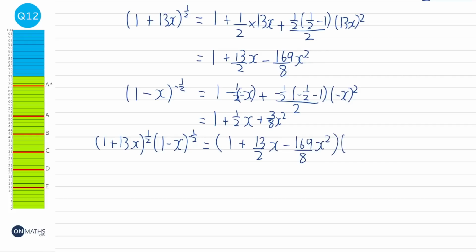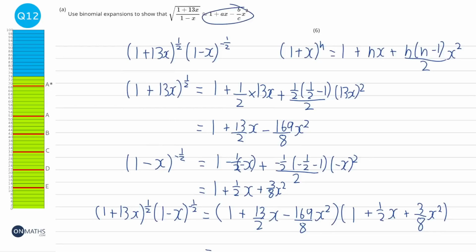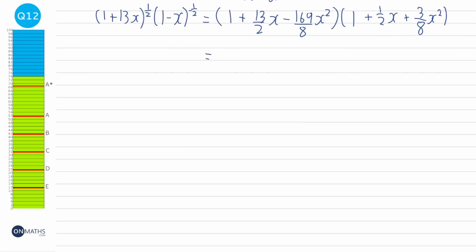That'll be our first bracket. And then we've got 1 plus a half x plus 3 over 8 x squared is our second bracket. Now again, looking back at the question, we only need up until x squared. So if something gives x cubed or above, we don't need to put it in, because remember, this is just an approximation. So we're going to start with this 1 here and just multiply each of the terms on the right hand side by that 1.